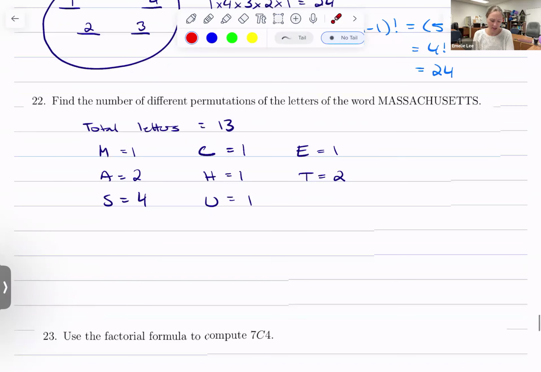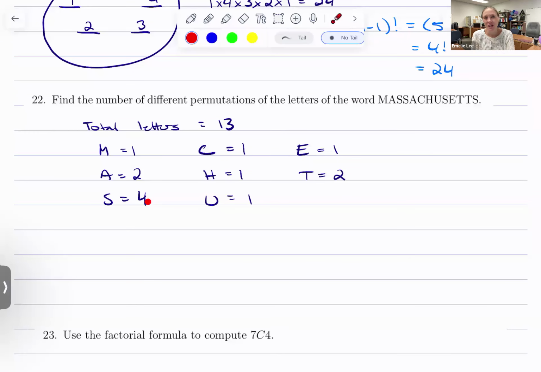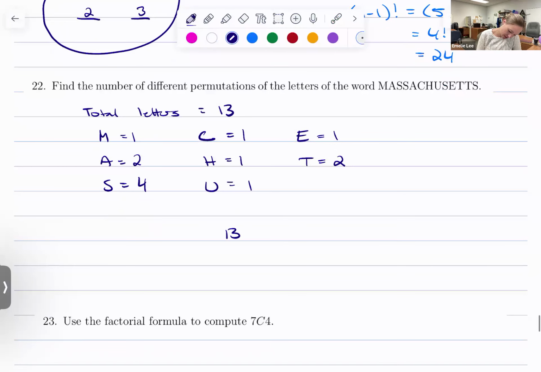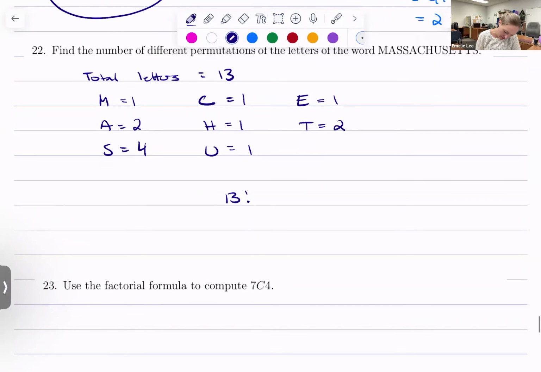So what we want to do is divide out any duplicates. What we're going to have is 13 factorial. That's just all the letters in Massachusetts in 13 letter permutations. But then you want to divide out all the duplicates.